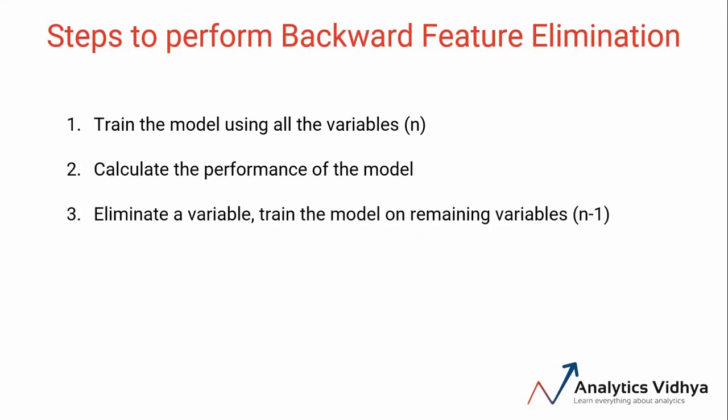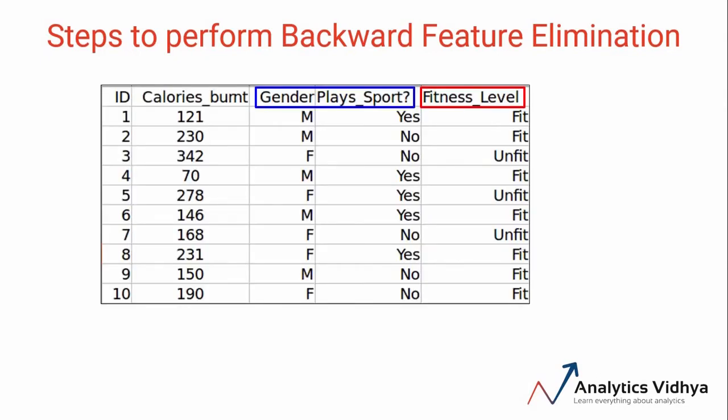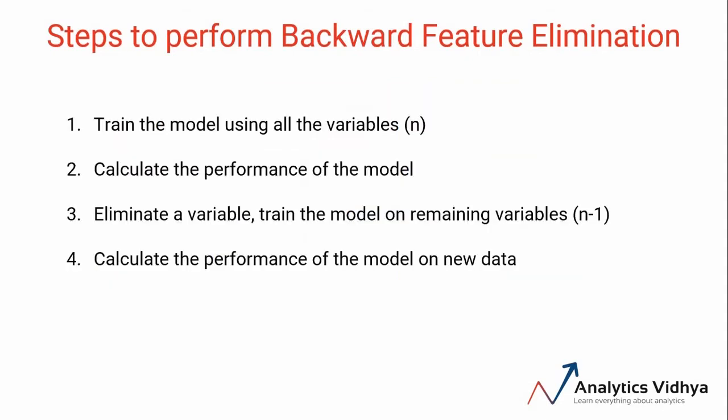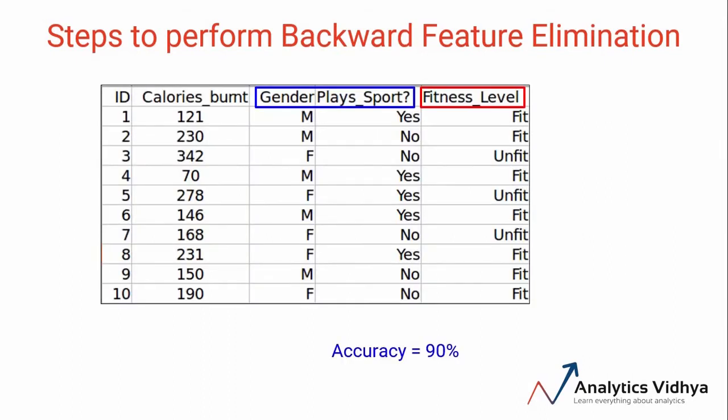Next, we will eliminate a variable and train the model on the remaining variables. So let's say we drop the calories burnt variable and trained our model on the remaining two variables, gender and place_sport. Now we will calculate the performance of the model on this new data, which is after dropping that one variable. Now we get an accuracy of 90% after dropping the calories burnt variable.